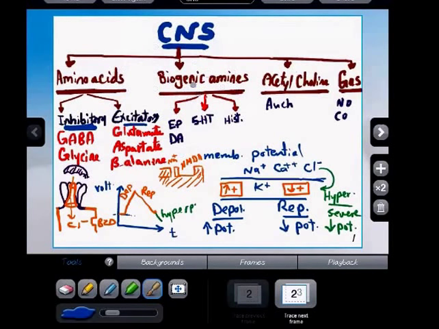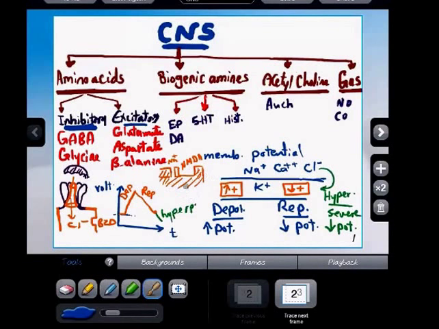About biogenic amines like dopamine, epinephrine, serotonin, and histamine, all of these are present in the brain. Acetylcholine is present in the brain also, and so are the gases, like nitric oxide and carbon monoxide.